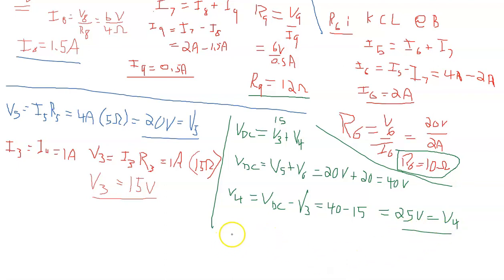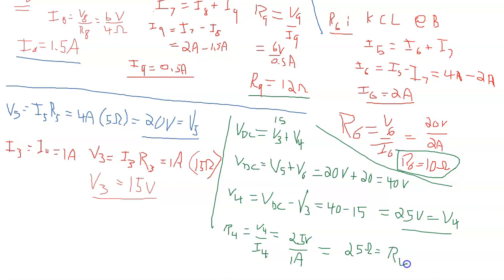So if I want to calculate R4, by Ohm's law, R4 is equal to V4 divided by I4. And we know both of those quantities now. And so we have 25 volts divided by 1 amp. And so that gives us R4 at 25 ohms.